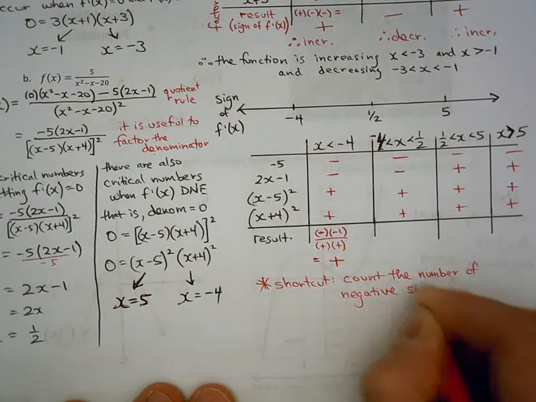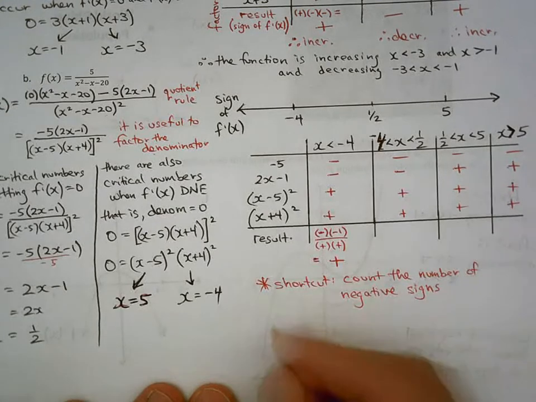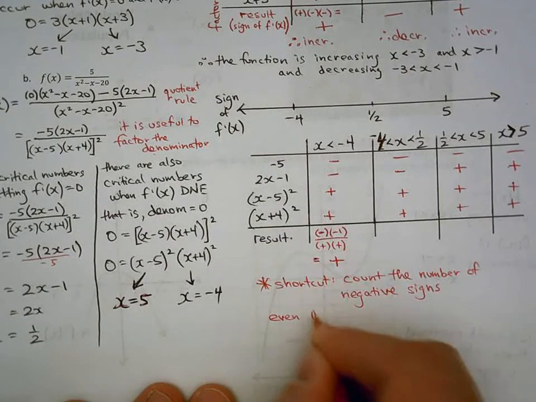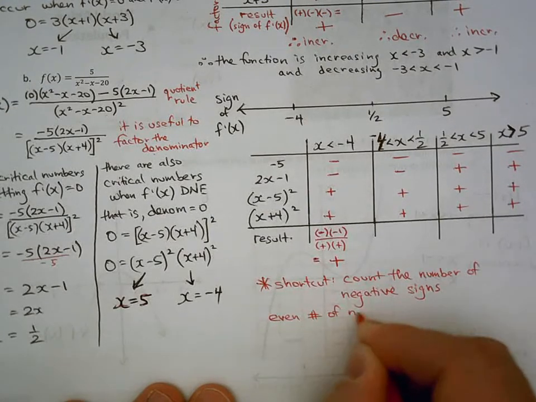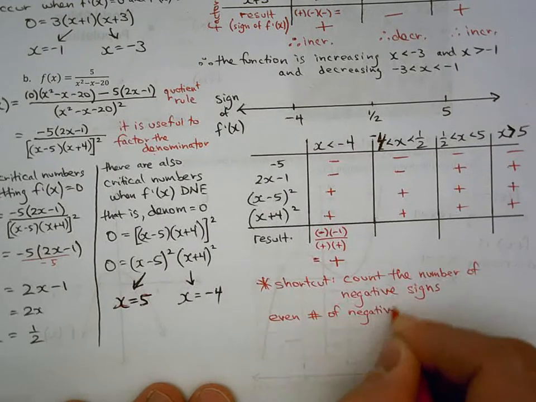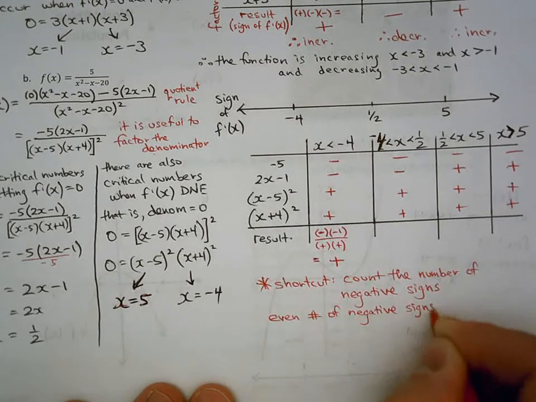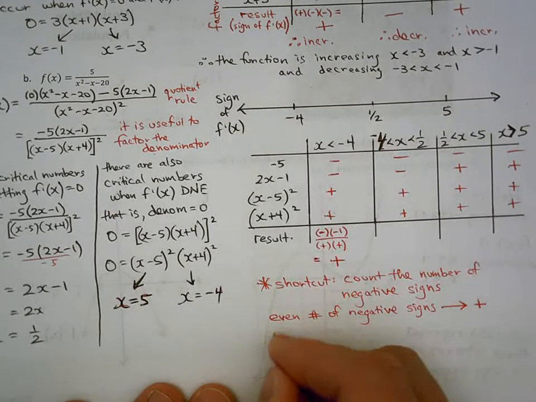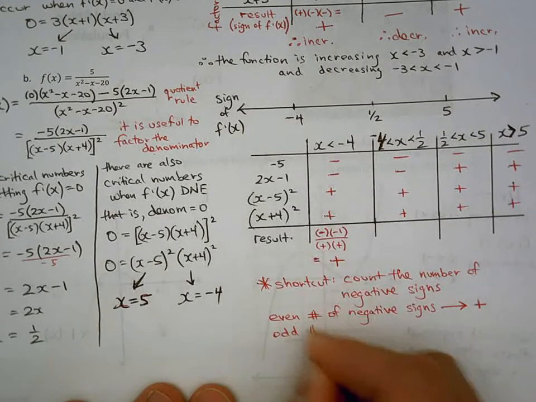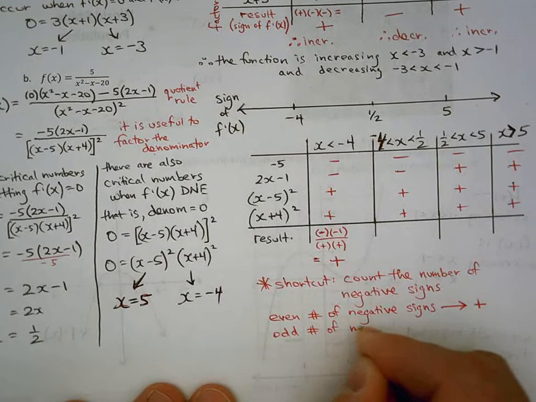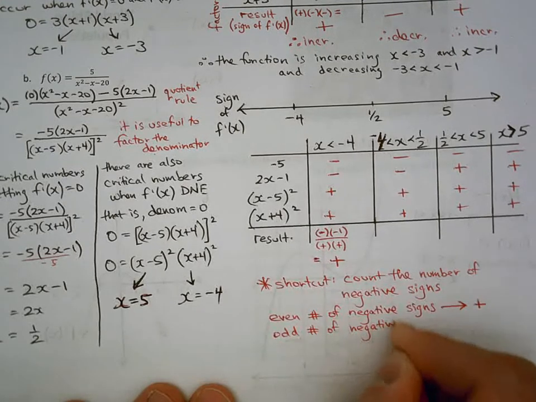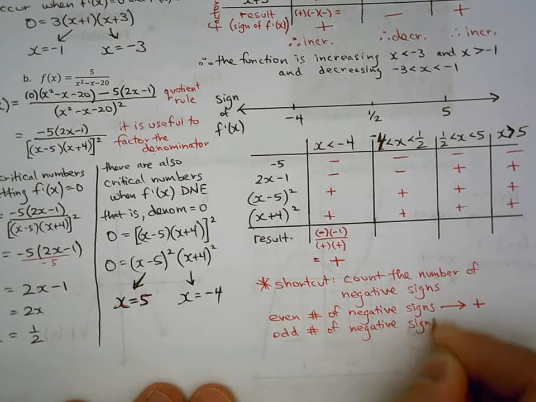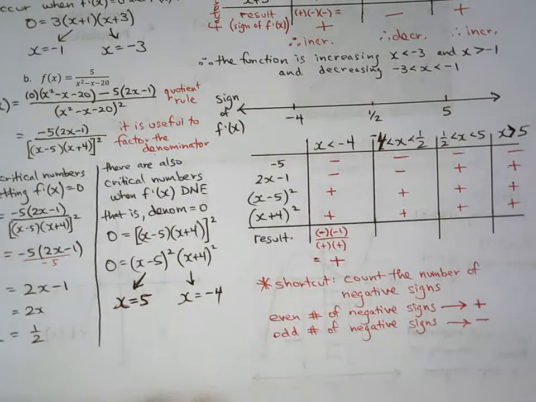This is a lot easier. If you have an even number of negative signs, then your answer is positive. If you have an odd number of negative signs, your answer is negative. So that's a little shortcut.